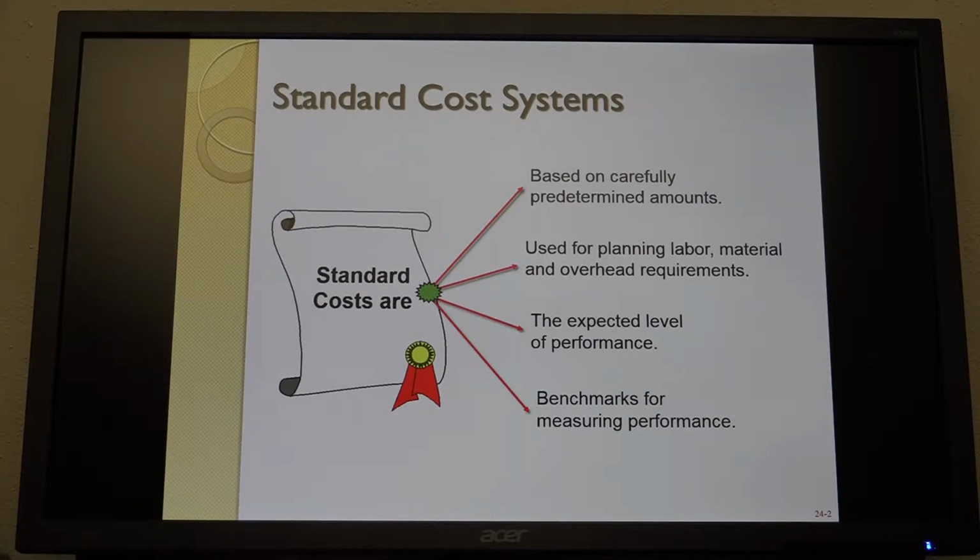The standard costs are a measuring stick of what management thinks is an expected level of performance, and as such are a benchmark for measuring performance. So all very good things. Remember, managing is about planning and control and adjusting.